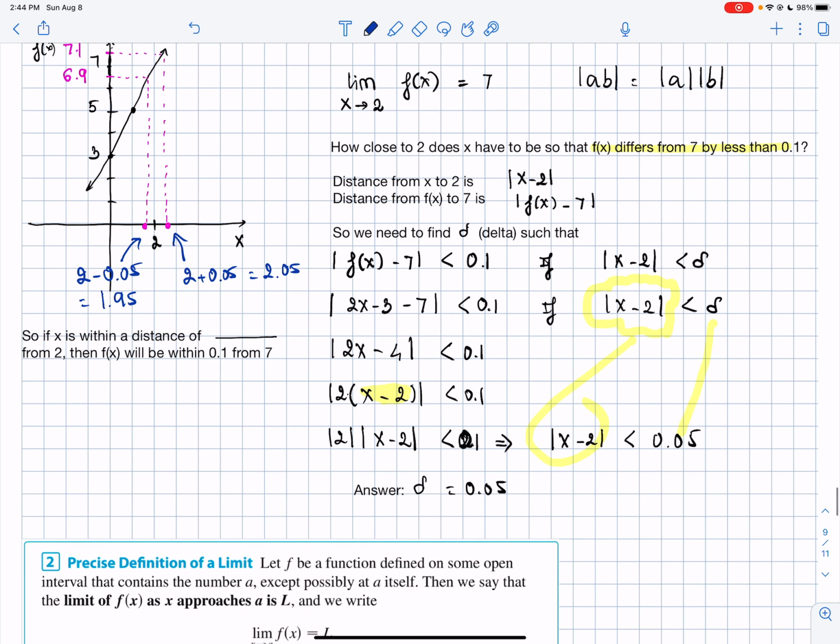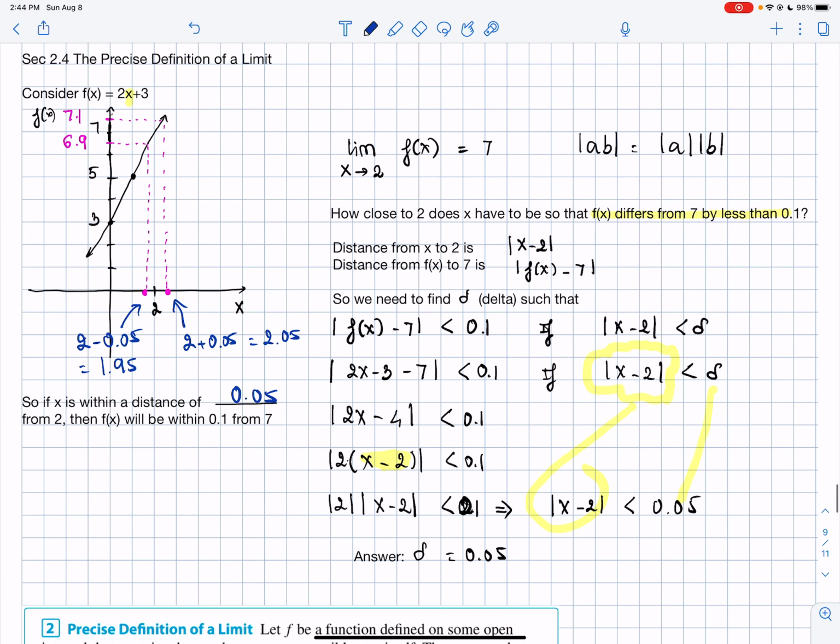Okay, so the conclusion is that if x is within a distance of 0.05 from 2, then f of x will be within 0.1 of 7.